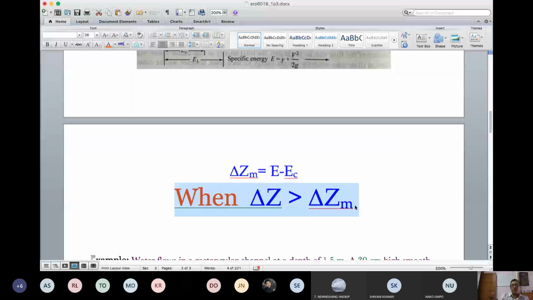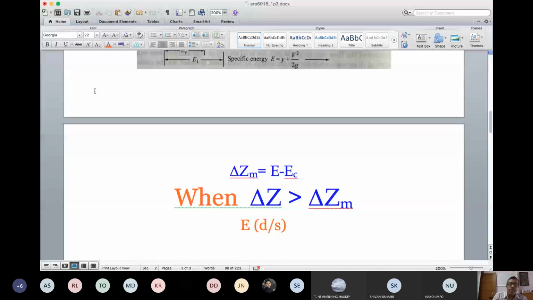In this case, E downstream will be equal to EC.